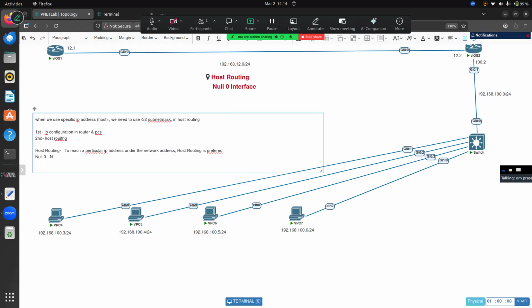Okay. Null zero interface is a virtual interface. Any traffic directed towards null zero interface will be discarded. Okay, will be discarded. Null zero is a virtual interface.